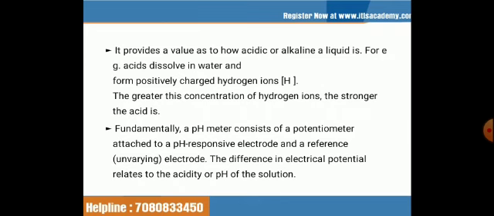The greater the concentration of hydrogen ion, the stronger the acidic solution. Fundamentally, a pH meter consists of a potentiometer attached to a pH responsive electrode and a reference unvarying electrode. The difference in this electrical potential relates to the acidity or pH of the solution.